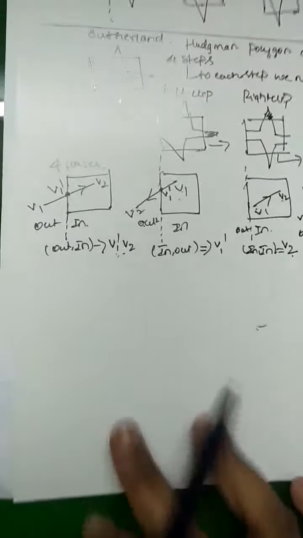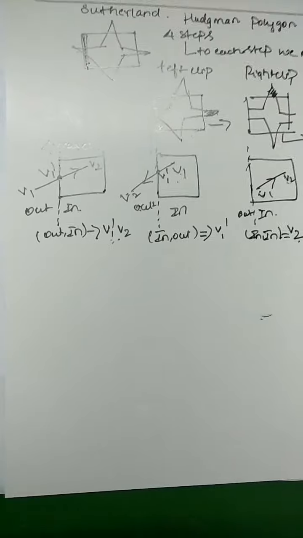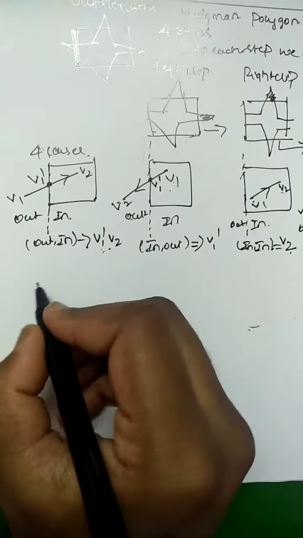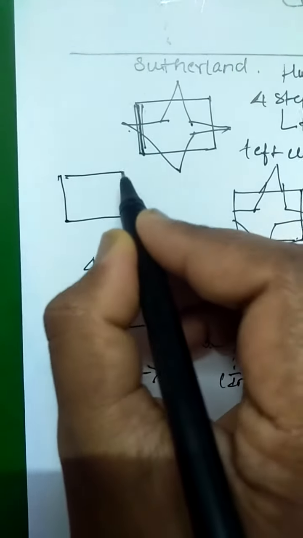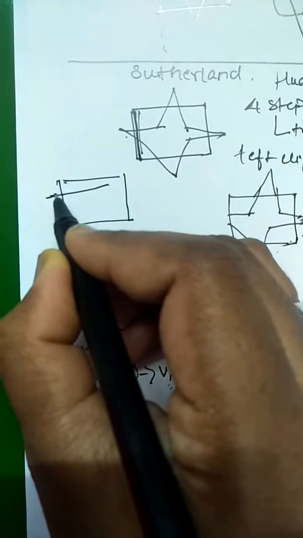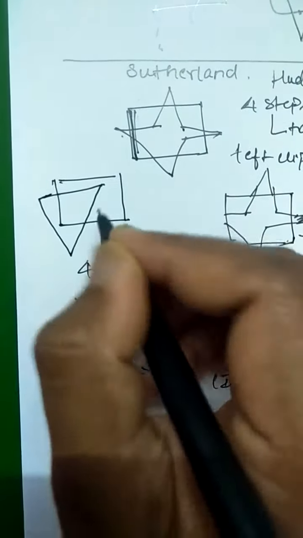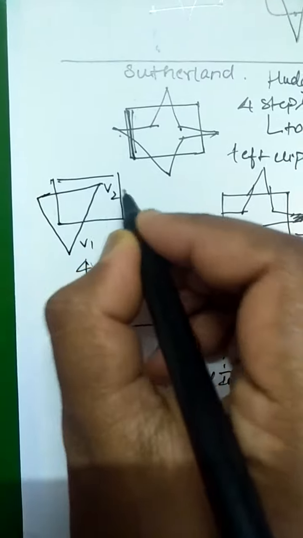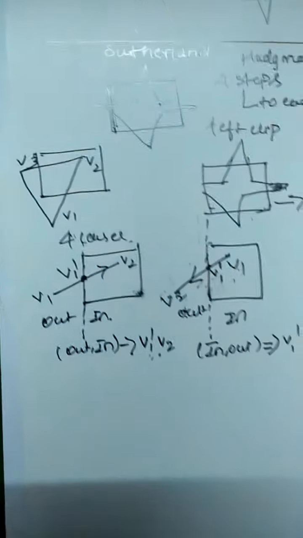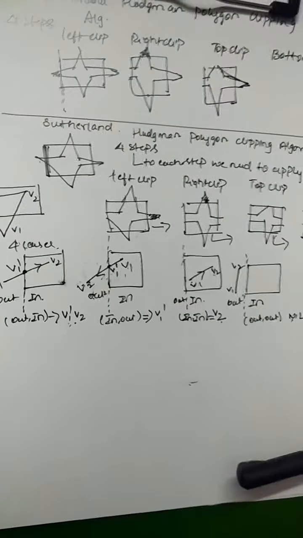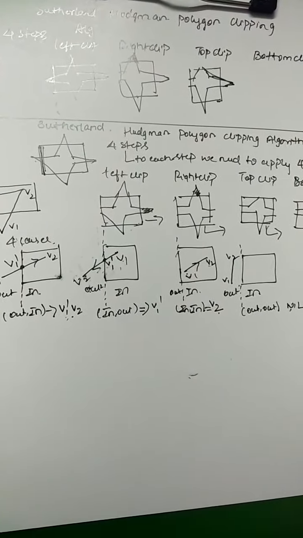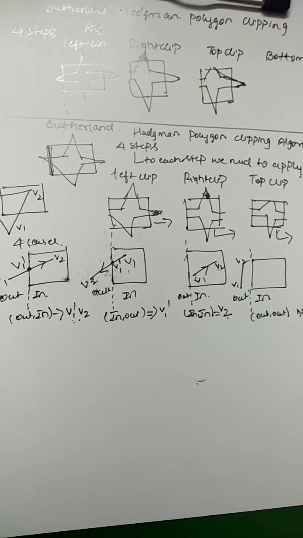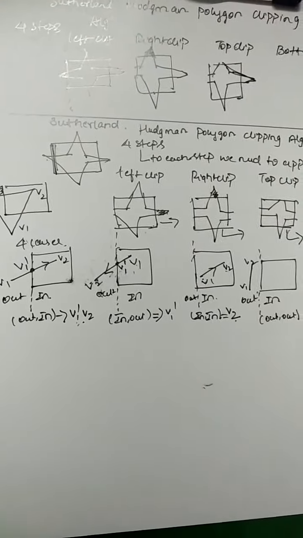Let's take a complex example. From an exam point of view, you can solve this example, V1, V2 and V3. The reason why I am taking a complex example here is it helps you understand in a better manner, and in detail you'll get to know the complexity that lies in each and every case.